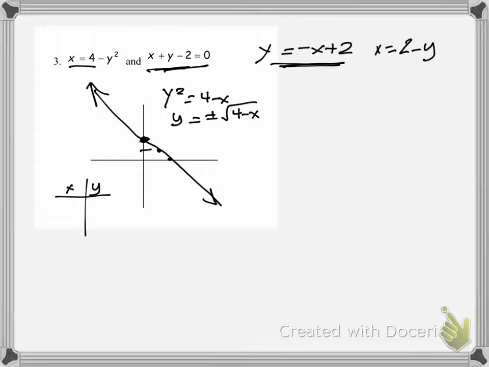If we put 0 in, it would be plus or minus the square root of 4. When you put 0 in, you get plus 2 or negative 2. So 0 is plus 2, and you would also have it at negative 2.